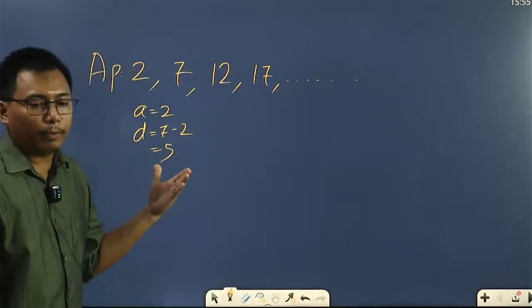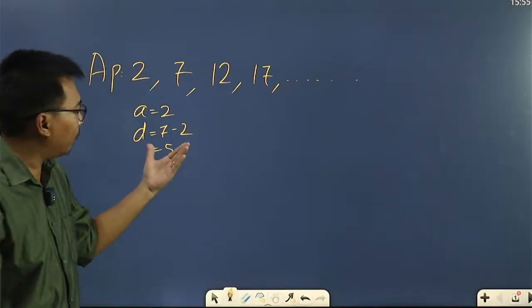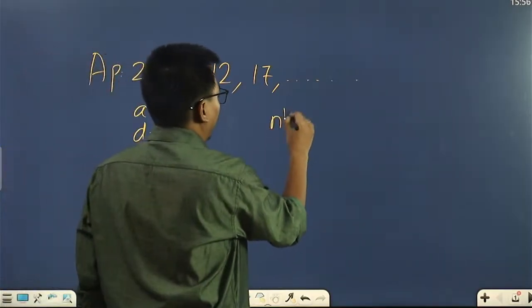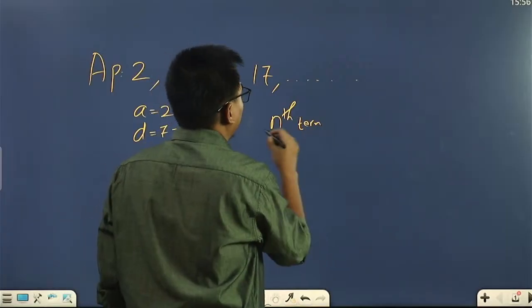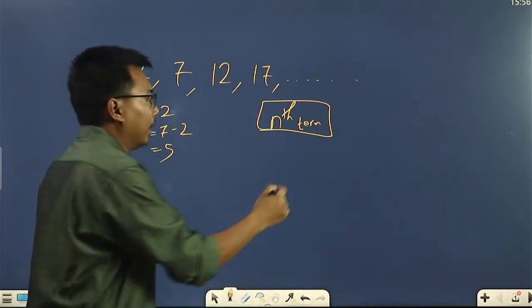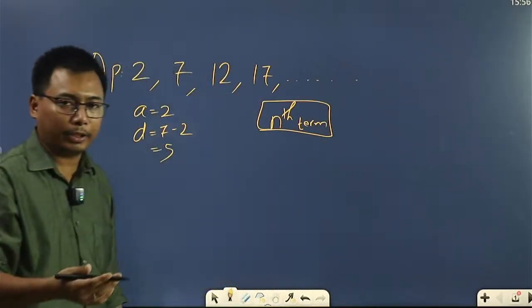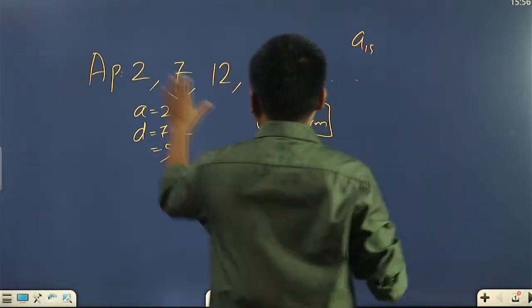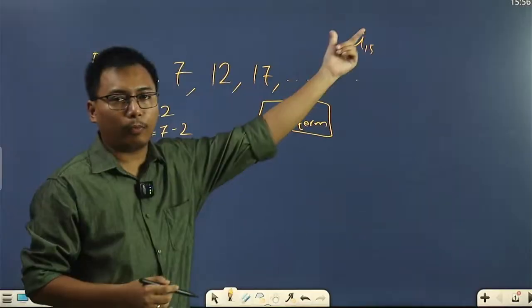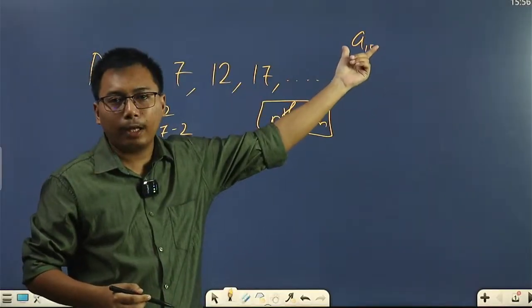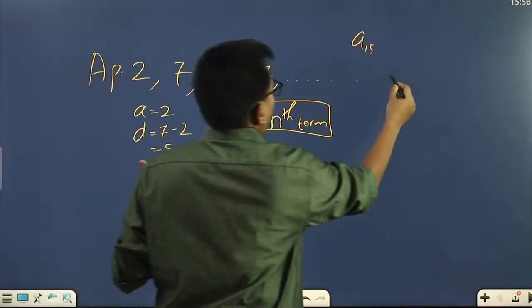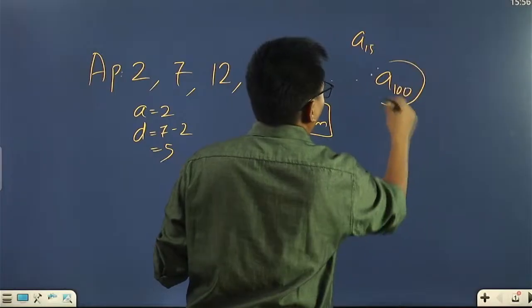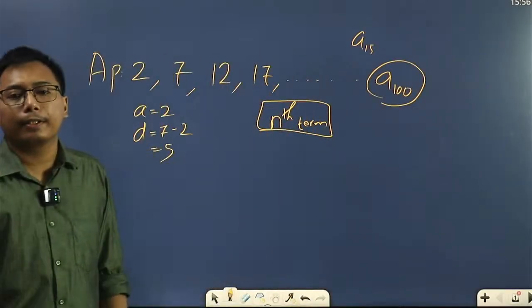Now, in our previous session, we learned how to find the nth term, right? Like if I want to find the 15th term of this, I have to find a15. If I want to find the 100th term, I have to find a100.